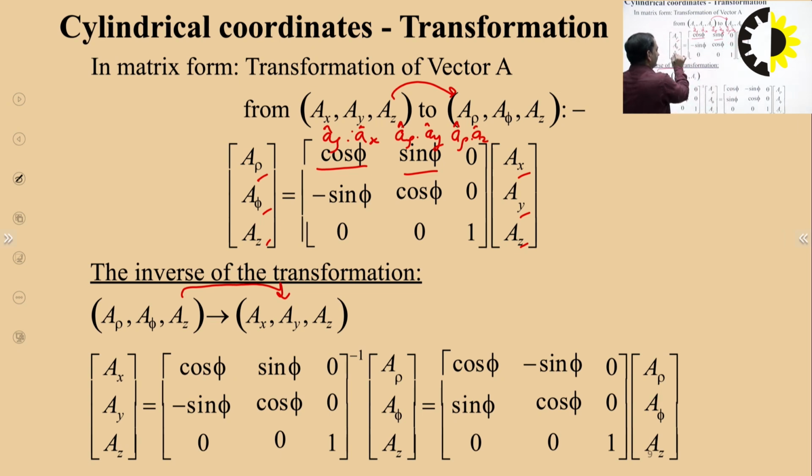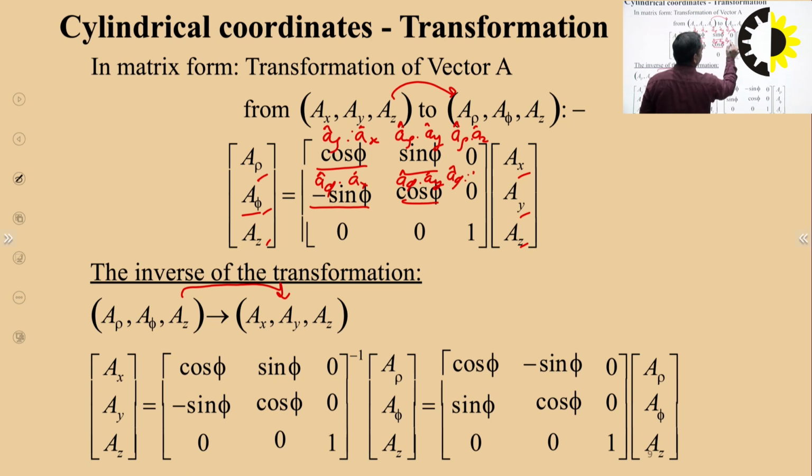Similarly, we can write for a phi, just simply multiply a phi with this. So what is this minus sin phi? This will be nothing but a phi dot ax. This cos phi will be a phi dot ay. And this one is a phi dot az. I hope this point is clear to all of you.